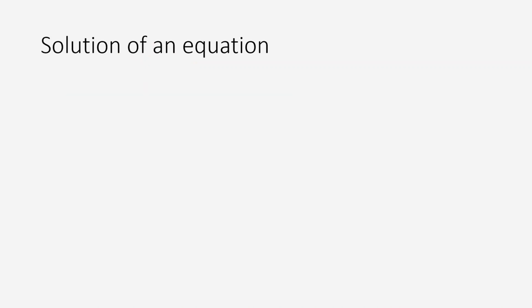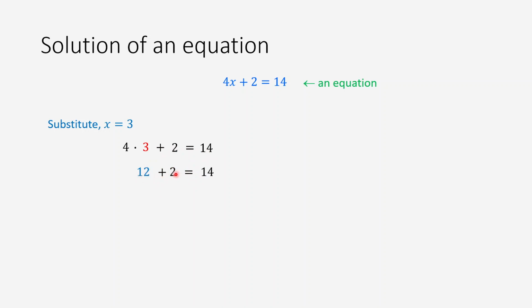Next, solution of an equation. I have this equation. I am going to substitute x is equal to 3. 4x, 4 times, put 3 for x plus 2 is equal to 14. 4 times 3 is 12 plus 2 is equal to 14. 12 plus 2 is 14 is equal to 14.